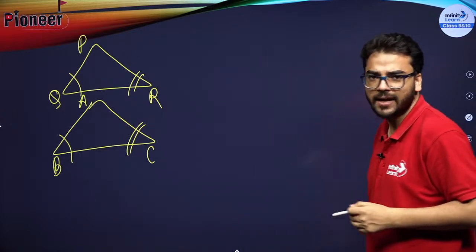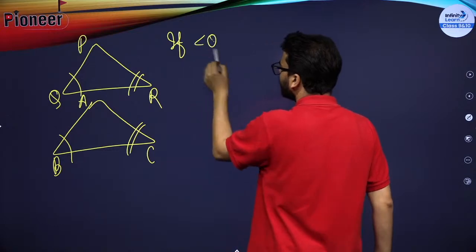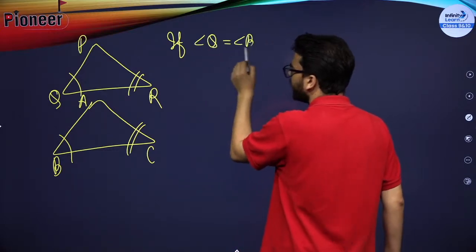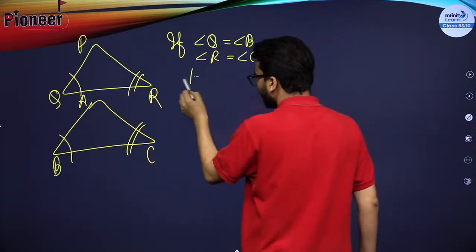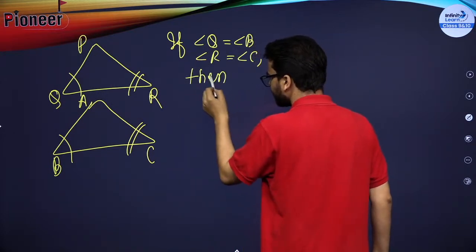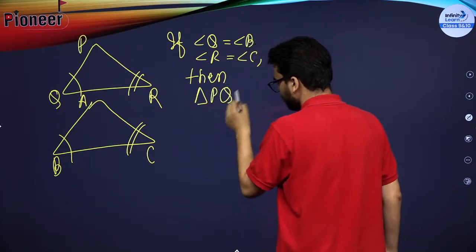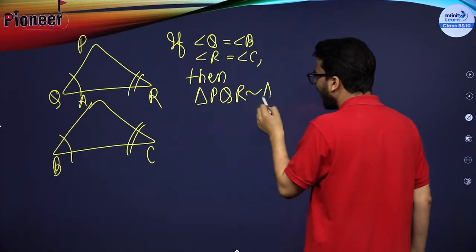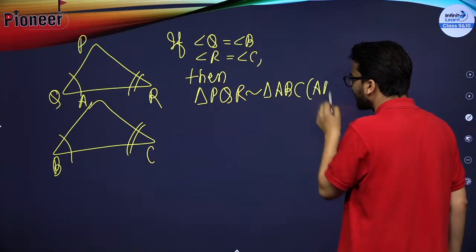If in these two triangles two angles are given to be equal, if angle Q is equal to angle B and angle R is equal to angle C, then you can conclude that these triangles are similar. Then PQR is similar to ABC by the AA similarity criterion.